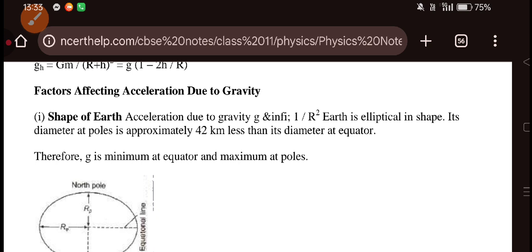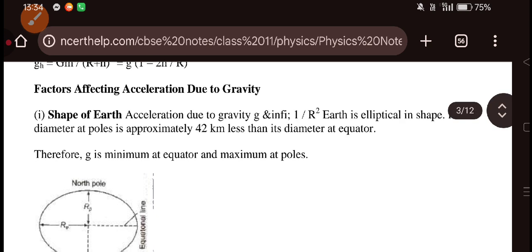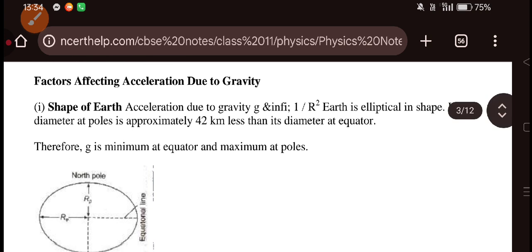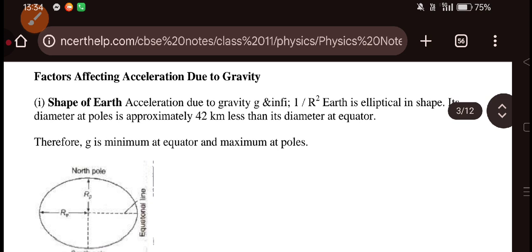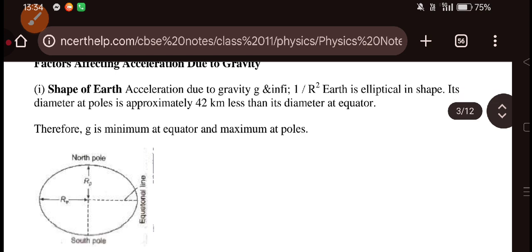Factors affecting acceleration due to gravity. First of all, let's see the shape of the earth. Acceleration due to gravity g is proportional to 1 upon R squared.